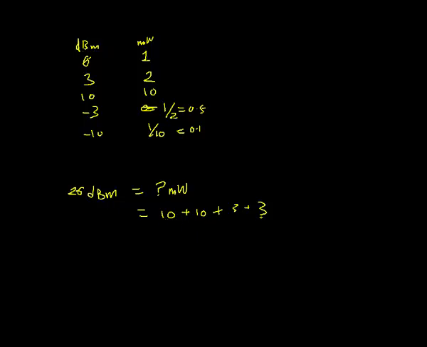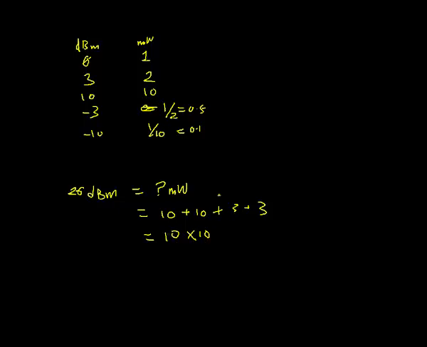Now I want to convert the dBm to milliwatt. 10 dBm is equal to 10 milliwatt. So when converting, you have to change this plus to times. The first 10 has to be multiplied by the second 10.